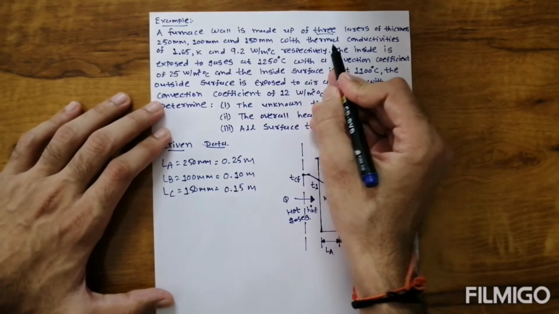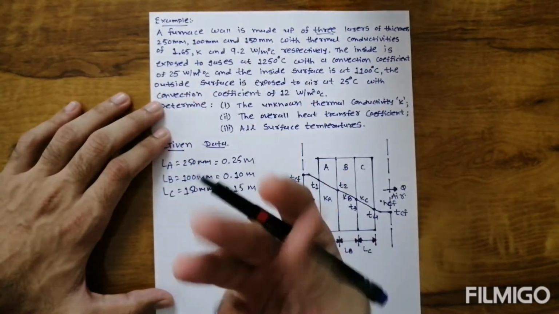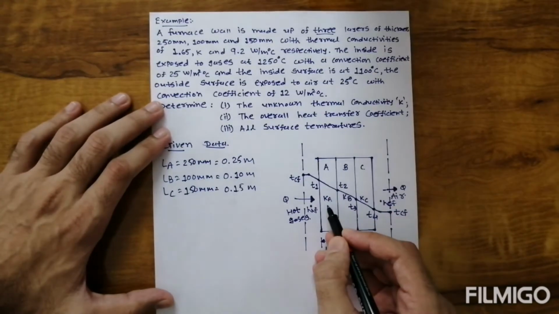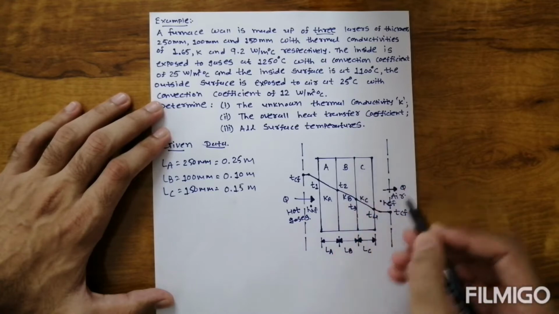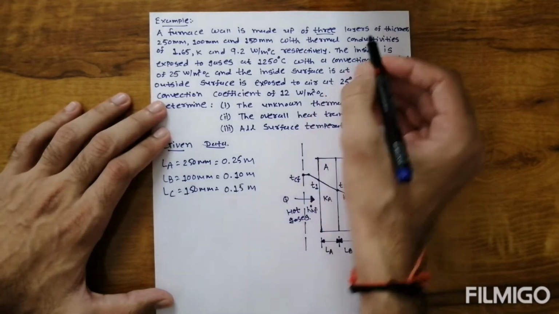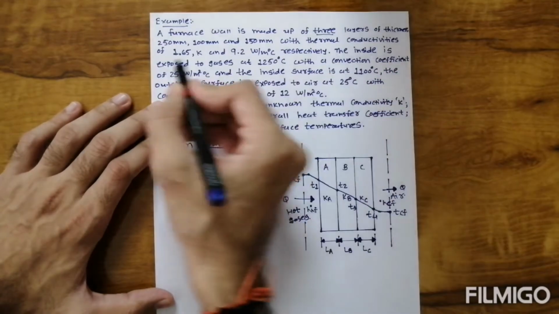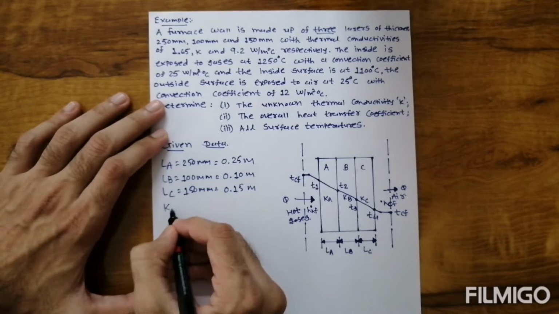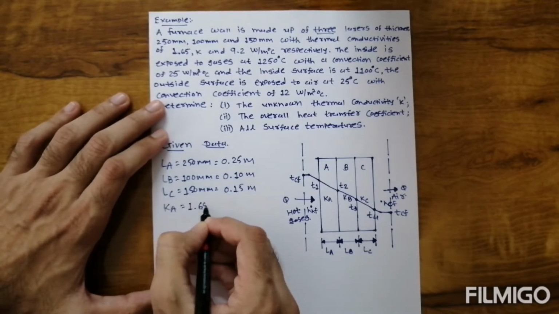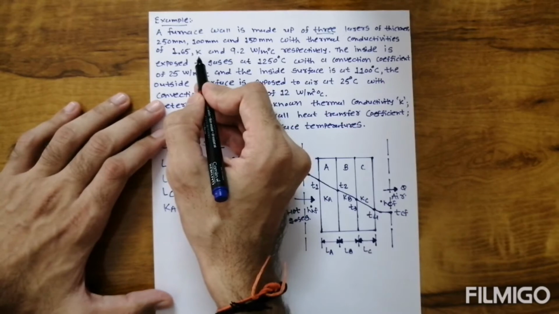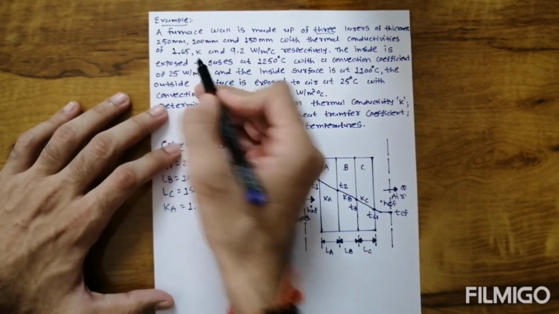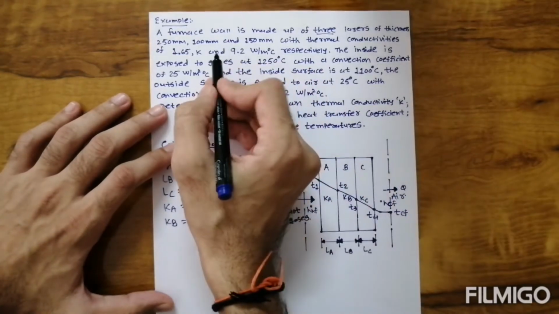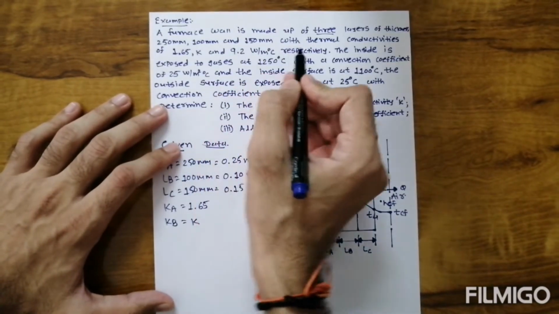Now the thermal conductivities: the three layers have different thermal conductivities. We mention that layer A has Ka thermal conductivity, layer B has Kb and layer C has Kc. Now see the thermal conductivity of the first layer, Ka is equal to 1.65. Then the second layer thermal conductivity Kb is given as K and 9.2 watt per meter degree Celsius respectively.